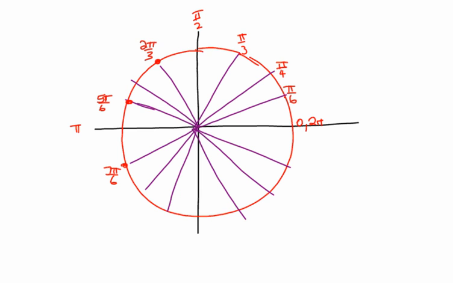Skip the 45. Then we're at 8 over 6. What does 8 over 6 reduce to? 4 over 3. 9 over 6, which reduces to 3 pi over 2. 10 pi over 6, which reduces to 5 pi over 3.